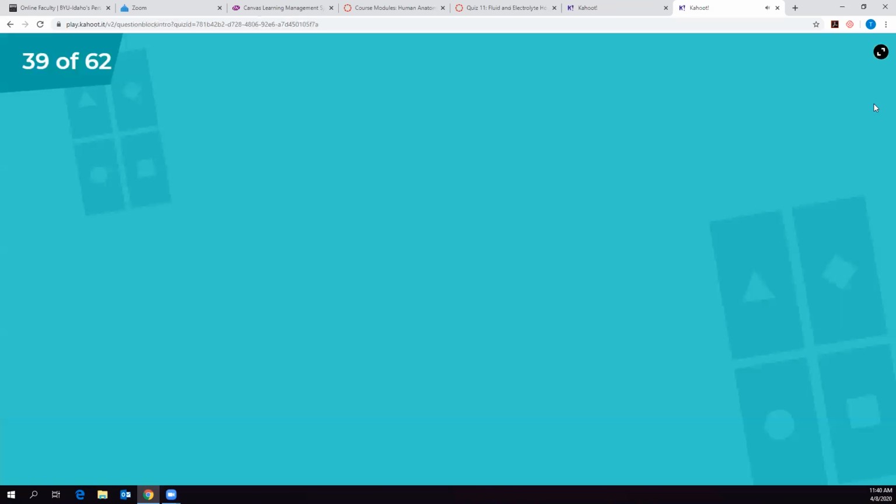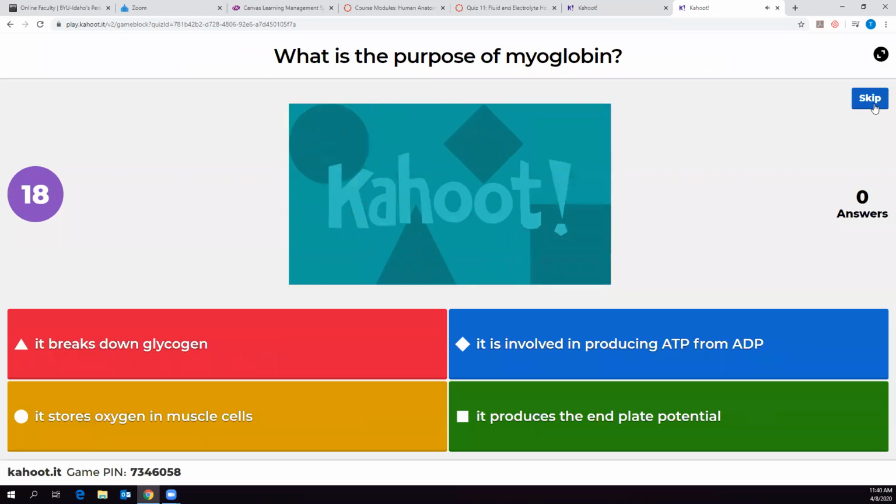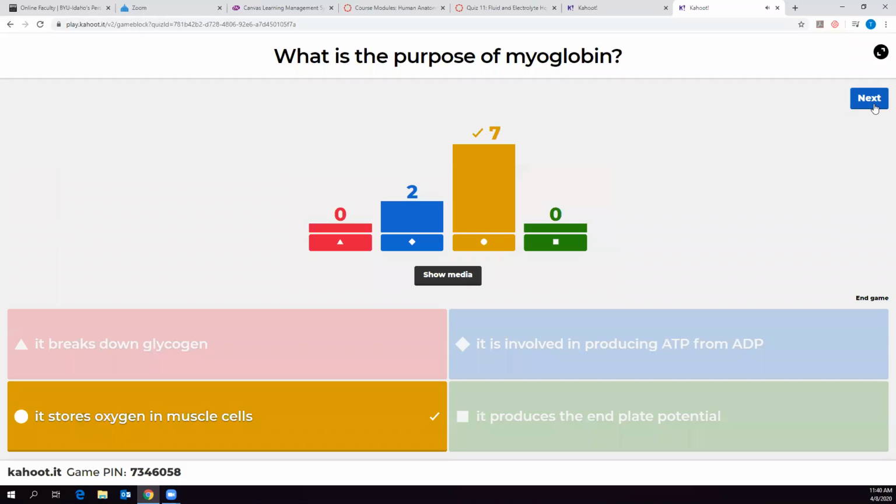Okay, what is the purpose of myoglobin? Oh, we just did that already, so hopefully we know what it is now. Yay, we know what it is now. That's good.